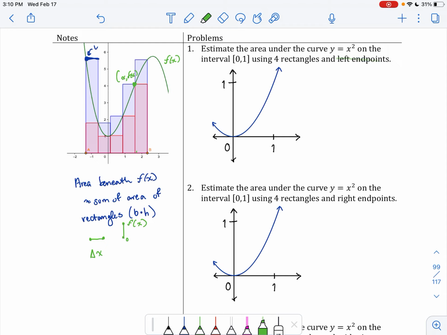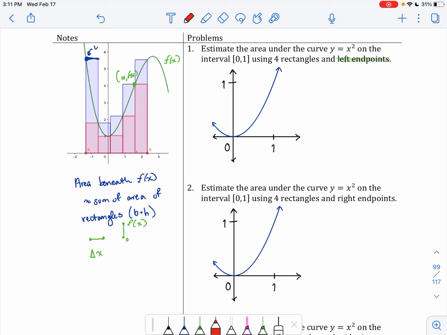But let's start with the left endpoint and the interval from 0 to 1 using 4 rectangles. The first thing I'm going to do is divide that interval, from 0 to 1, into 4 what are called subintervals, and that's just going to be the bottoms of our rectangles.